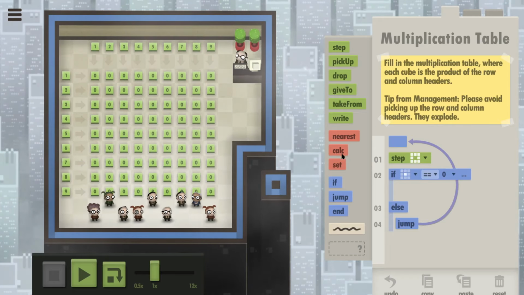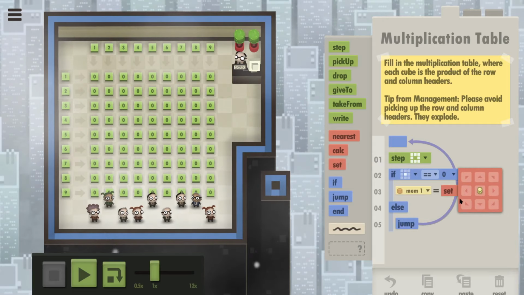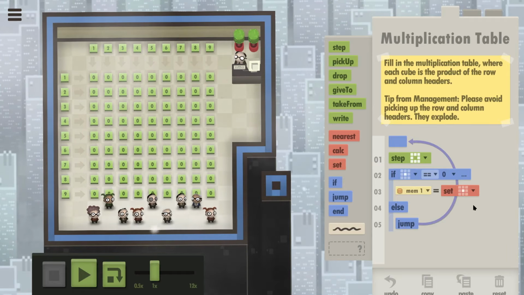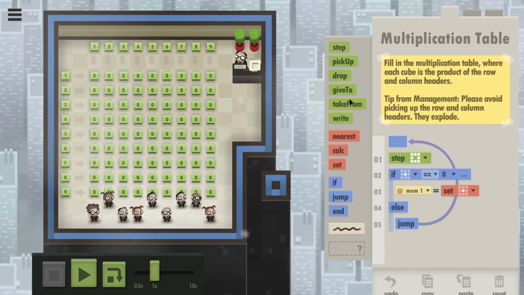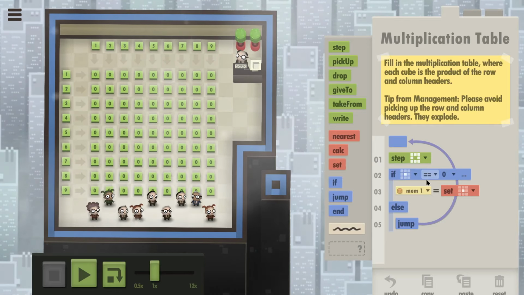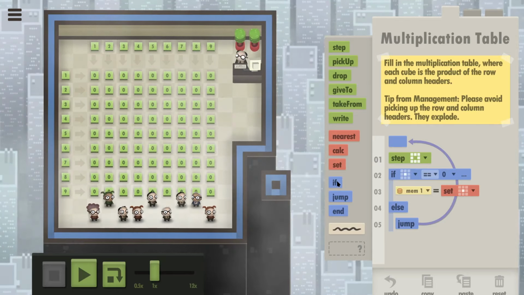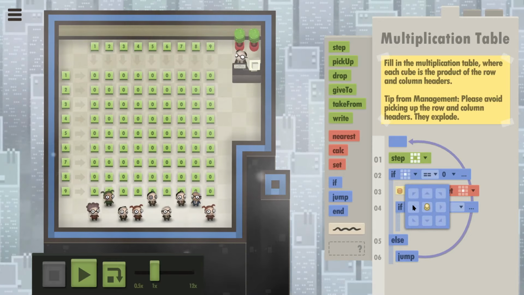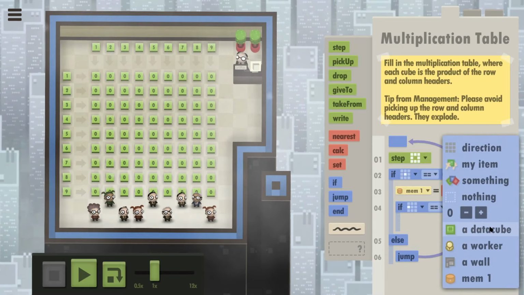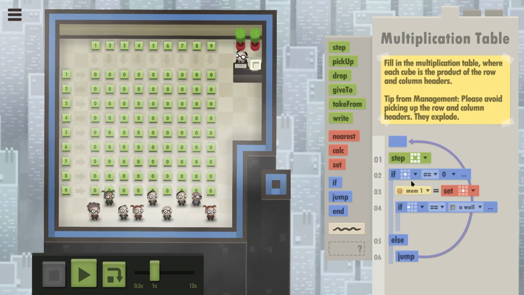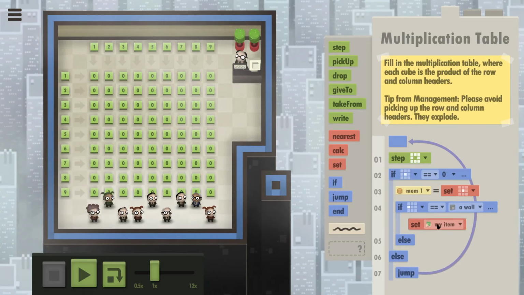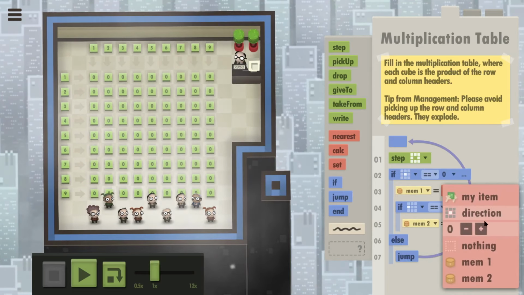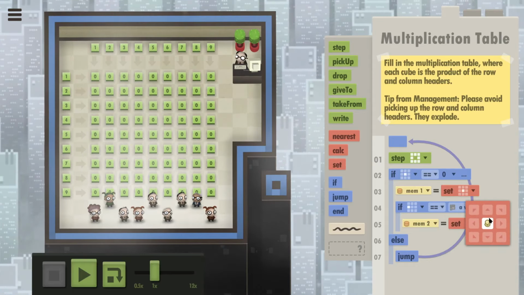If you find a 0, set direction down as memory 1. So you're remembering the square that you want. So then, if this direction equals a wall, set memory 2 to be down.